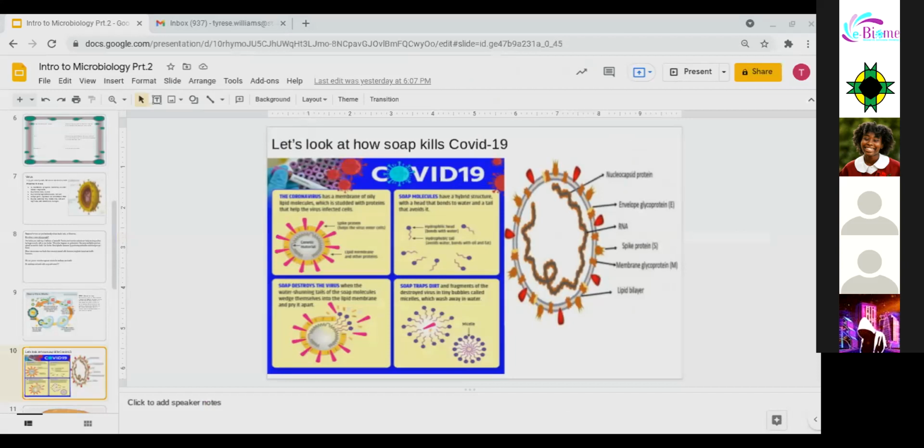Oil and water do not mix, and that is what is happening to the outer layer of the coronavirus. That outer layer made up of oil attaches to the hydrophobic part of the soap, and they try to break away from water. They don't want to mix with the water, and that is what causes the cell to burst into tiny bubbles. Everyone understanding?